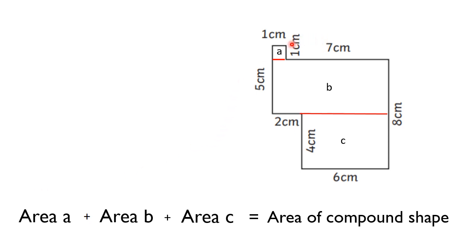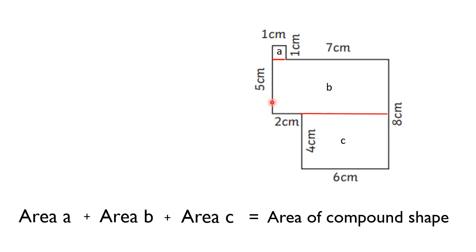So we can do this one quite easily. So shape A, we know that we need to do 1 centimetre multiplied by 1 centimetre, and then we know the area of shape A is 1 centimetre squared. Now let's look at shape B.